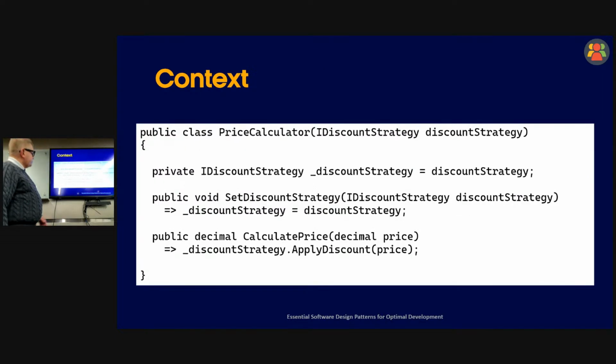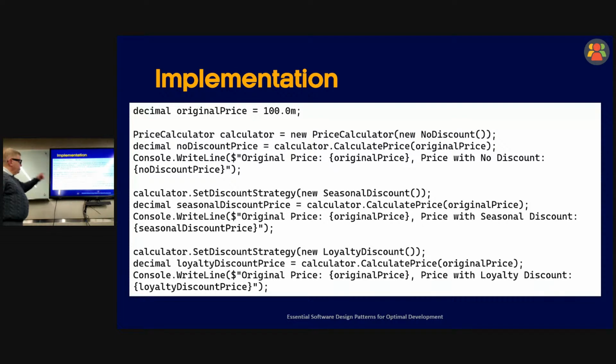In the context, it'll say set my discount strategy based upon what I'm doing. Here's where we actually implement it, because here's the important part. We're creating a new calculator and saying no discount, then I calculate the price, feeding in the interface.